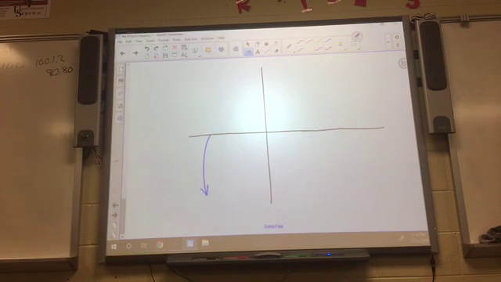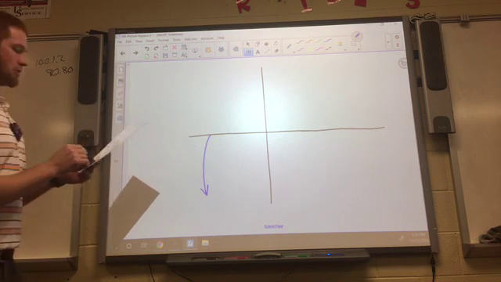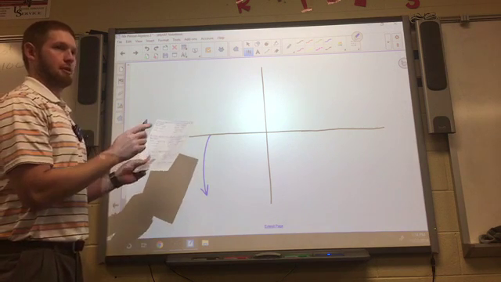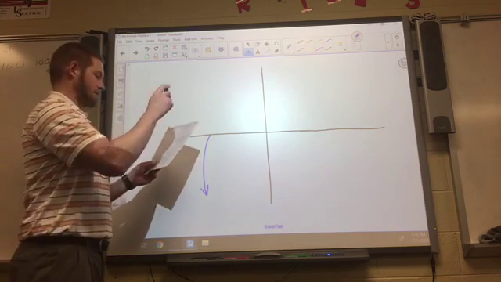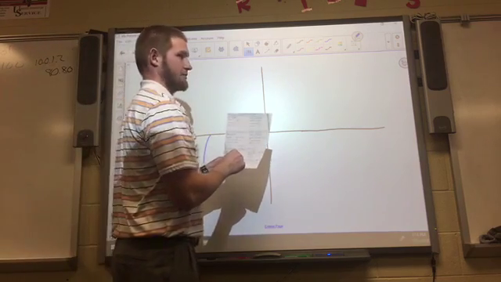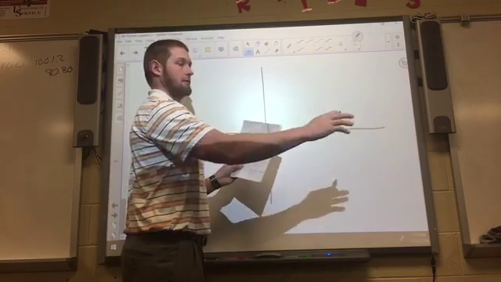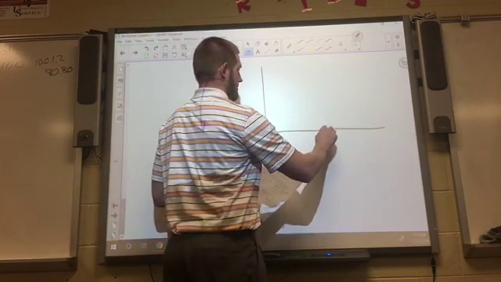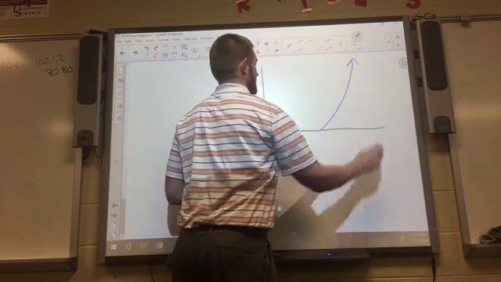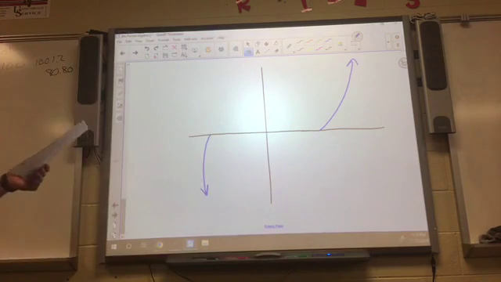Then the next row says f of x approaches positive infinity, which means my y's go up as my x approaches positive infinity, which means my x's are going right. So as I go right, my y's get bigger.